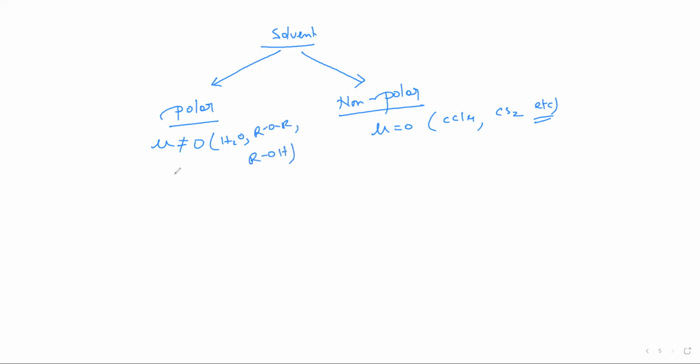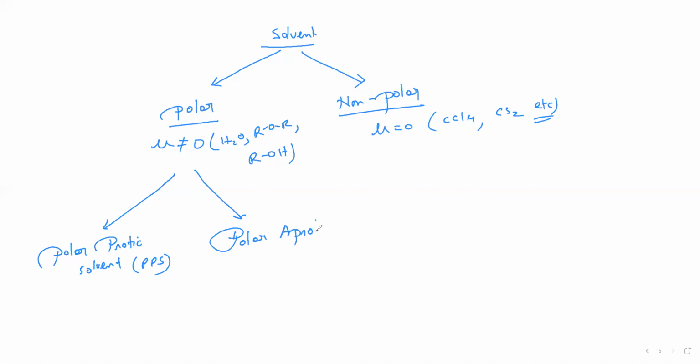Now, polar solvents can be classified into two parts. One is polar protic solvent, which I am writing as PPS in short. Another is polar aprotic solvent, which I am writing as PAS in short.